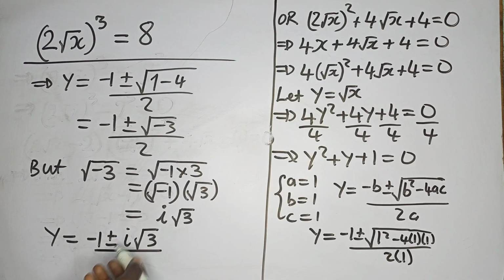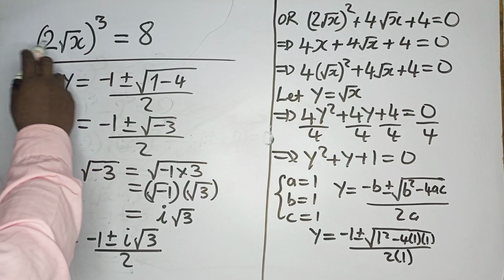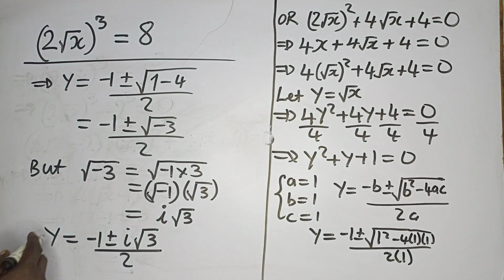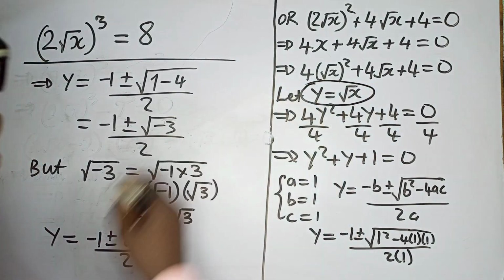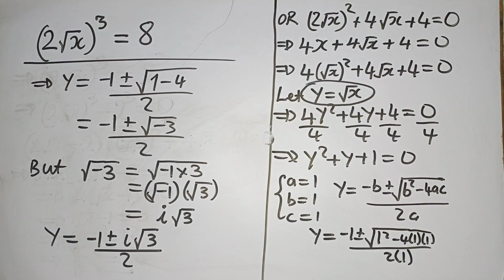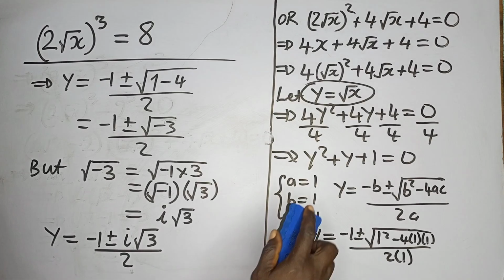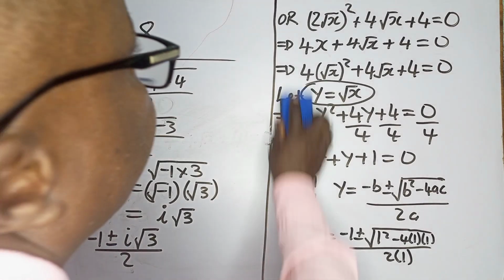All right, so we have two solutions here in terms of y. Remember, we're asked to solve for x and not y. There's no y in our original question. So we're not stopping there. We have to go back to the relation. The relation between x and y is that y equals root x. So we'll use that relation to get the corresponding values of x.